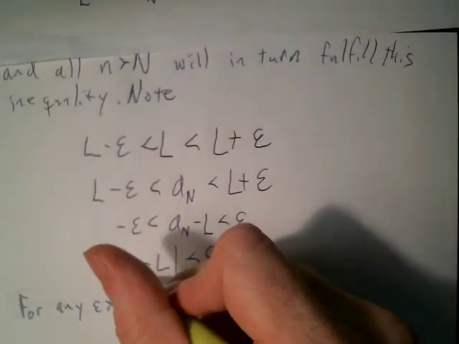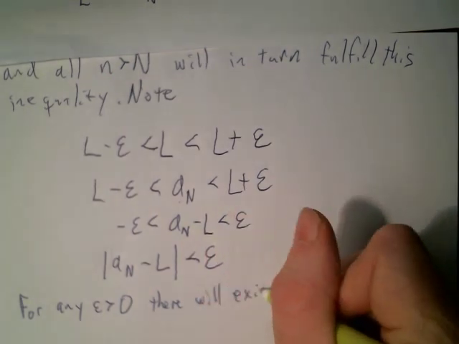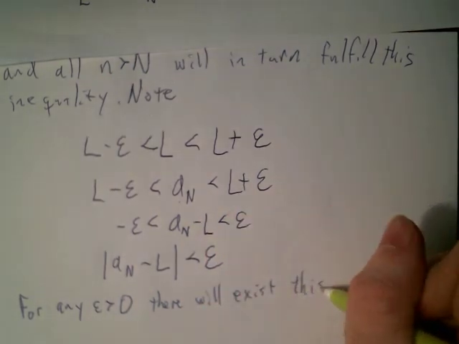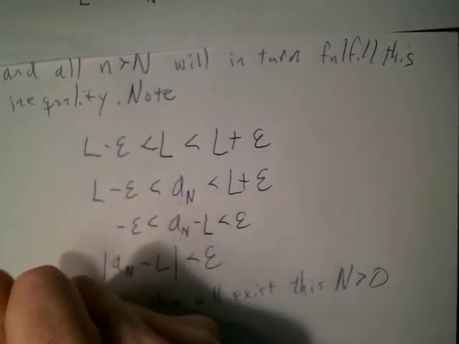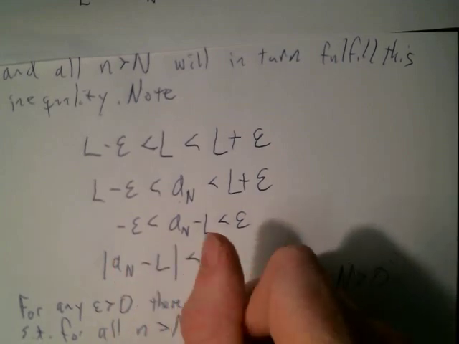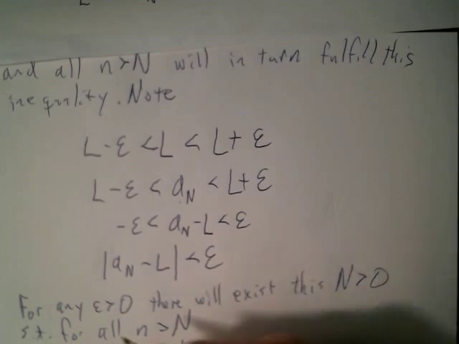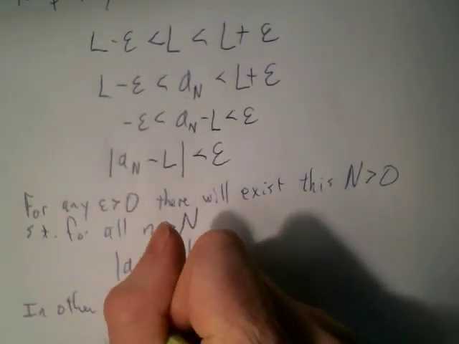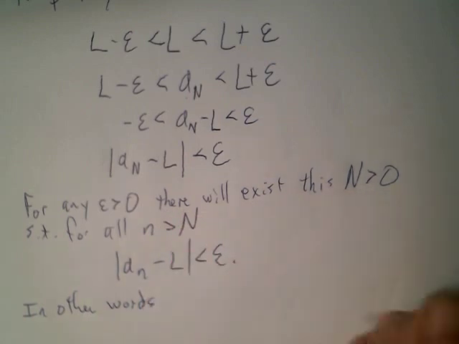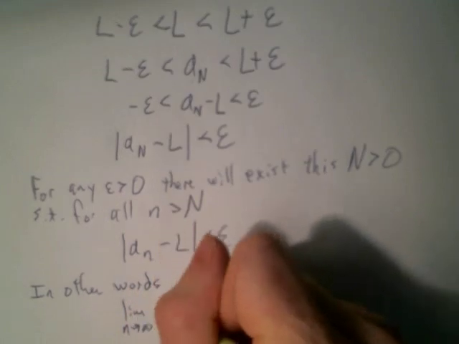Okay, so for any epsilon greater than 0, there will exist this big N value such that for all little n greater than big N, the absolute value of A sub n minus L will be less than epsilon. In other words, the limit as n goes to infinity of A sub n will equal L.